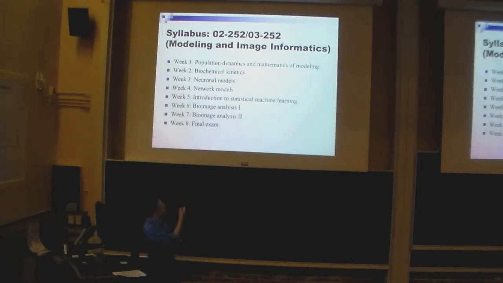So population dynamics, biochemical models, neuronal network models. There's some material on a topic called machine learning, a very important kind of computer science for a lot of modern biology work. And then that gets into image analysis, and you'll spend the last couple of weeks on studies of techniques for analyzing biological images, and then we get into exam week.